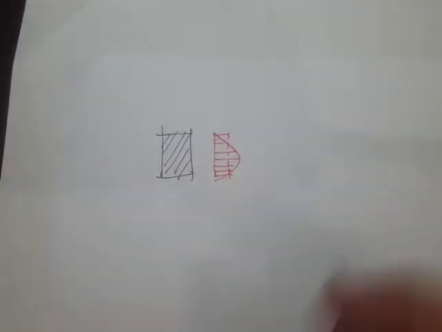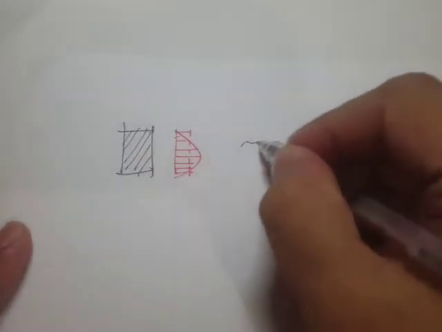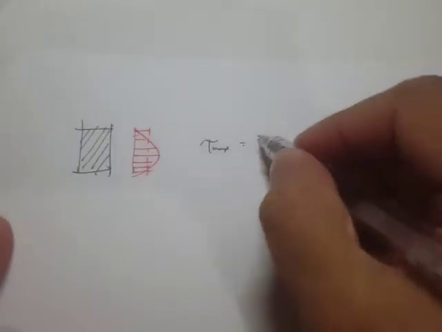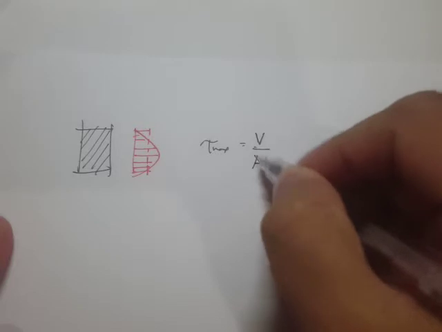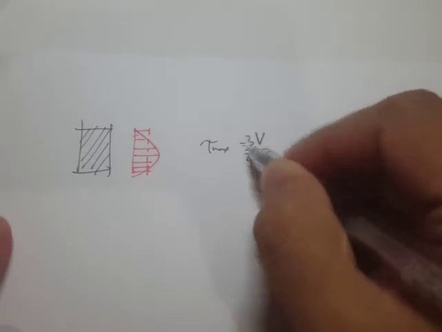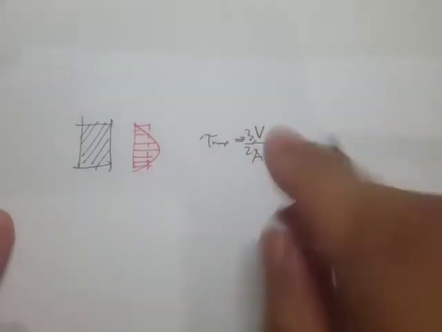The maximum shear can be computed using this equation, or simplified to this one: it's simply V, the internal shear force, divided by A, times 3/2. That's the equation for the shear max.